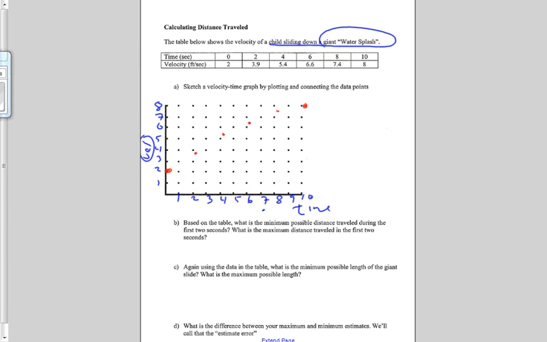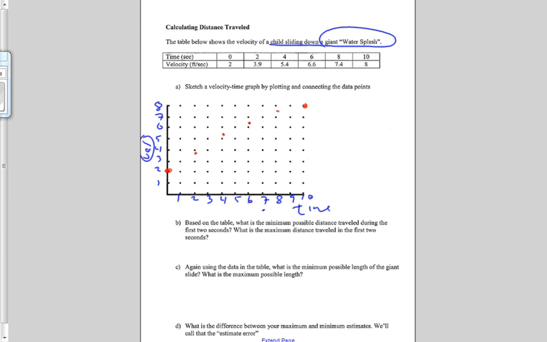The important thing for us to recognize is that the only thing that we know is the velocities at these given times. And we don't know what's going on in between 0 and 2 seconds, for example. So in between 0 and 2 seconds, what's the velocity at 1 second?